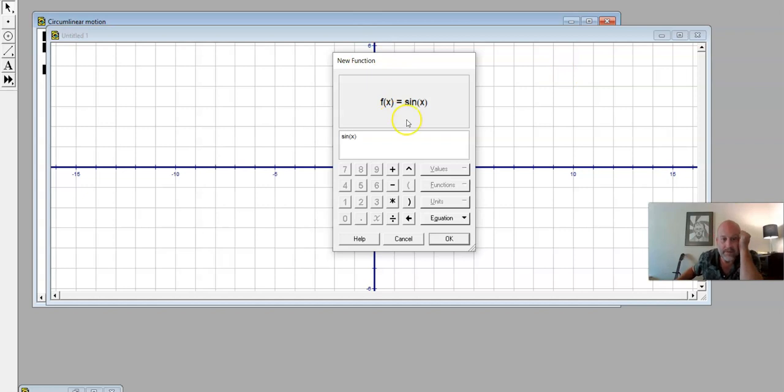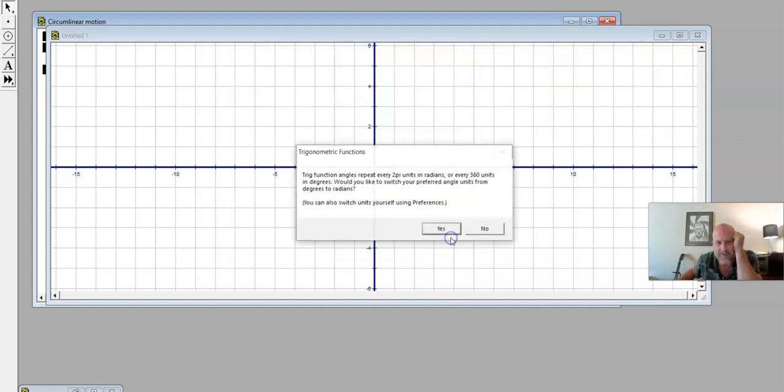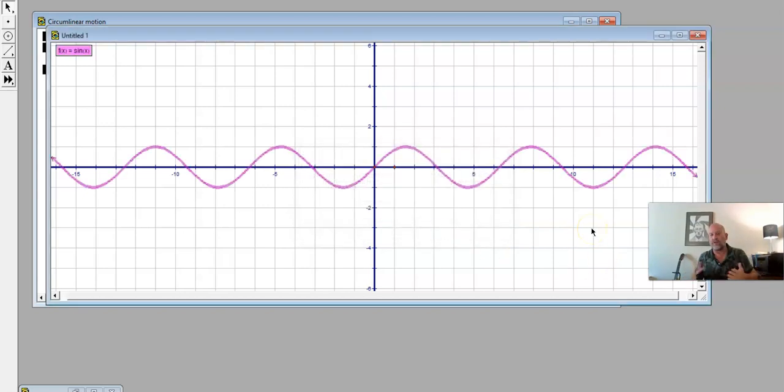It'll probably ask me if I want to rescale. Okay, switch angle. Yeah, let's switch it from degrees to radians, and boom. So you notice it goes on forever, right?